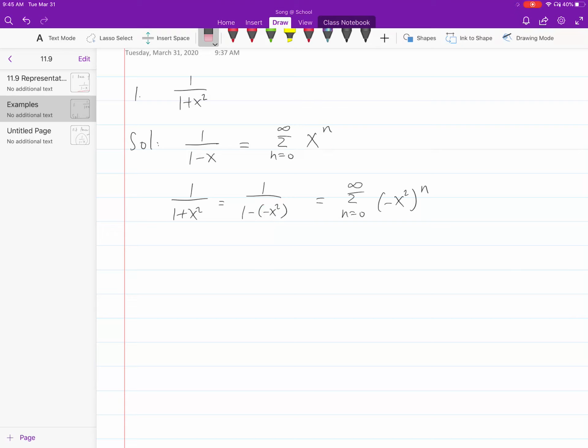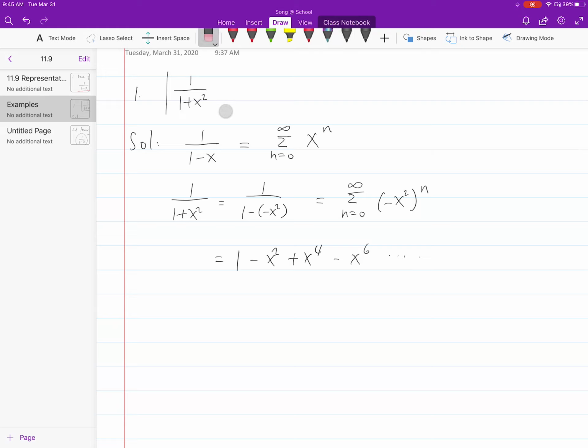So it's a simple substitution. If you really want to see what it looks like, if you plug in 0, it's 1, and plug in 1, and so on. That will be the power series representation of the thing we just wrote down here. Kind of makes sense.